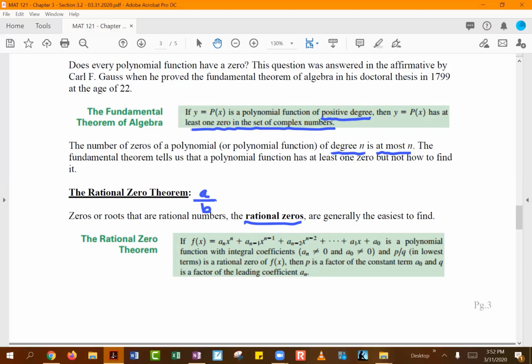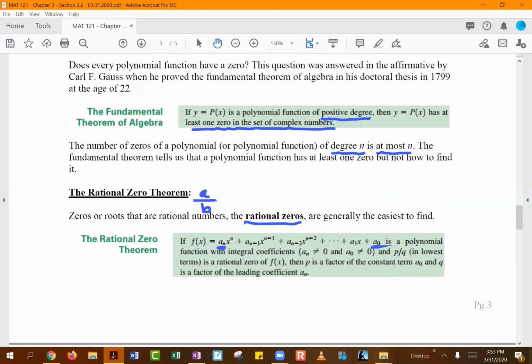So this rational zero theorem is basically saying you take your leading coefficient, which will be from that highest degree term in your polynomial function. So you take the coefficient for that highest degree, and then you take your constant term, which will be the one that has no variable on it, right? It will be just a positive or a negative number that they give you.